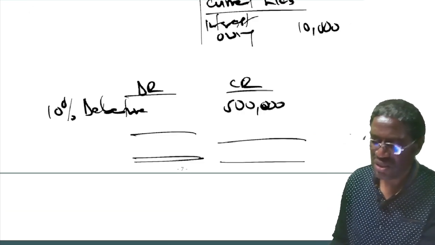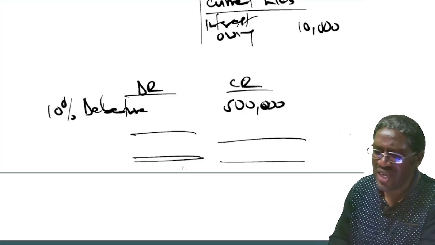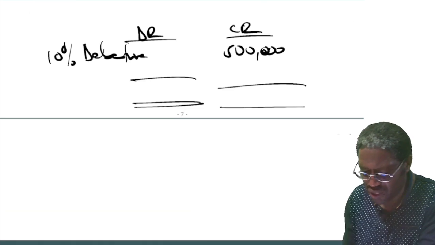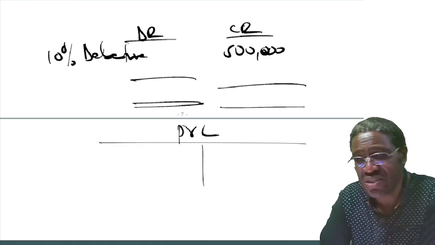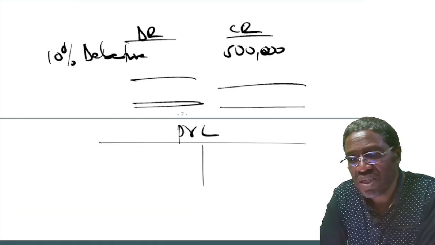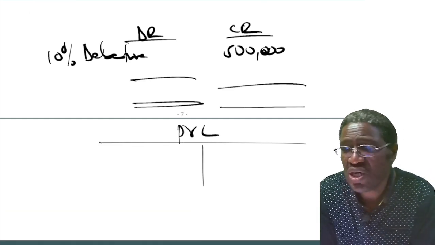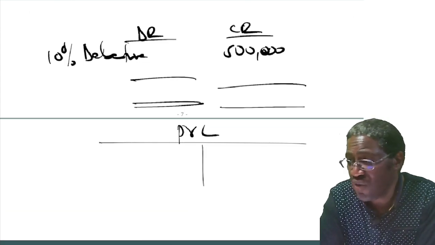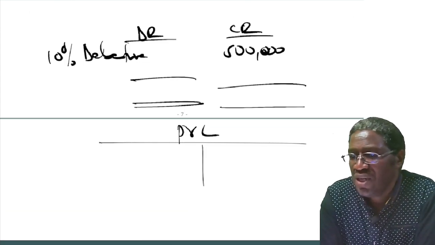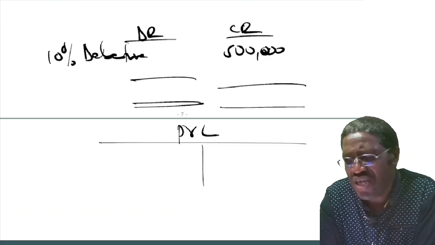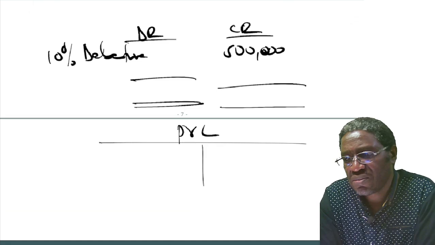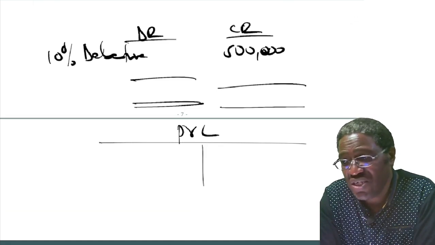The question is, when you are preparing the income statement or the profit and loss account for this company, will you still charge interest? You are given a trial balance of that nature, 10% debentures amounting to 500, and you are told to prepare an income statement for this company. Will you still charge interest? Yes or no?